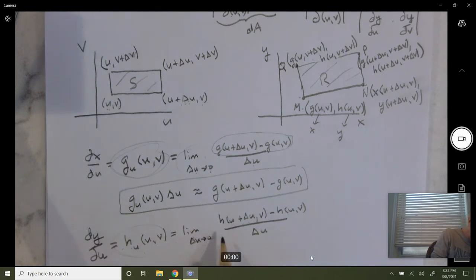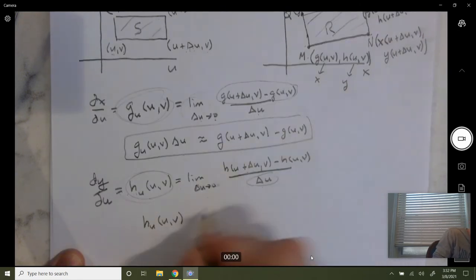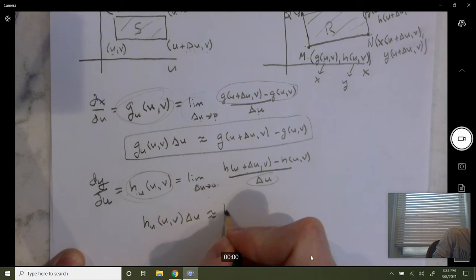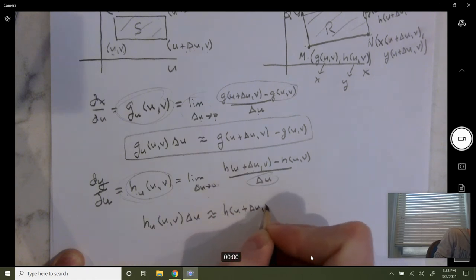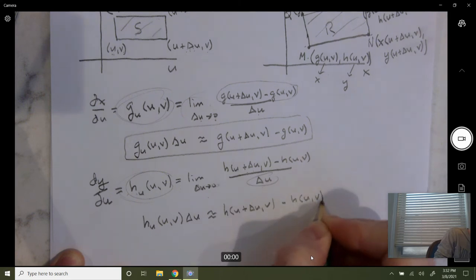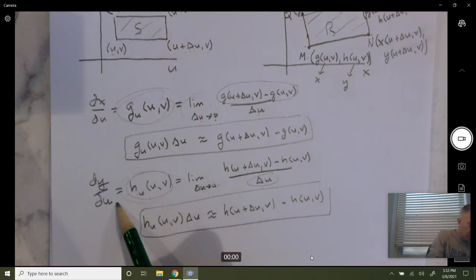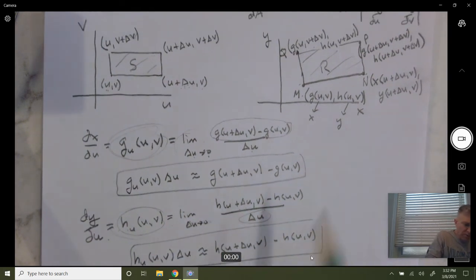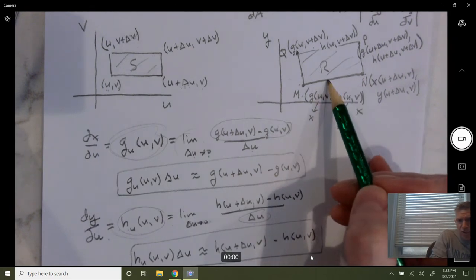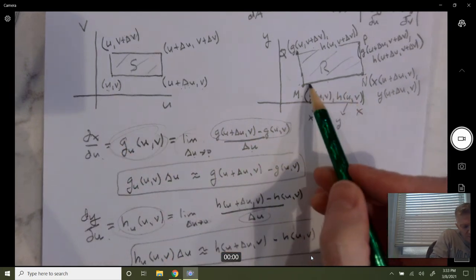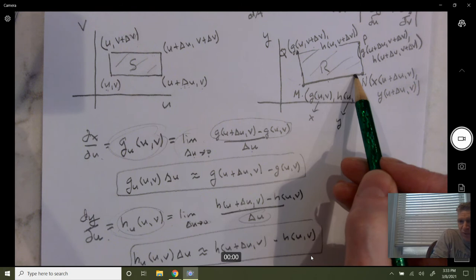So now we can do the same thing. If we take this and multiply by this, we have h_u of (u, v) delta u is roughly equal to h of (u plus delta u, comma, v) minus h of (u, v). I promise, soon we'll see where all this is going. So these are our partial derivatives. We know that these are defined, so no matter what shape this is, since the partial derivatives with respect to u and v are both continuous, this thing should look linear if we zoom in enough.